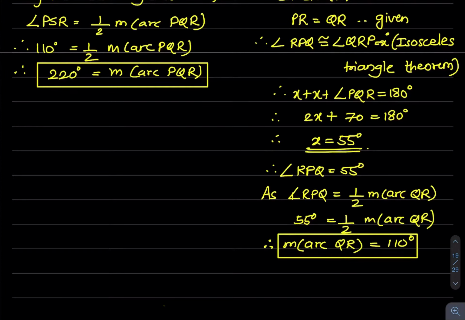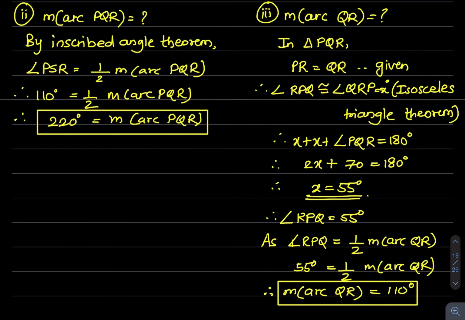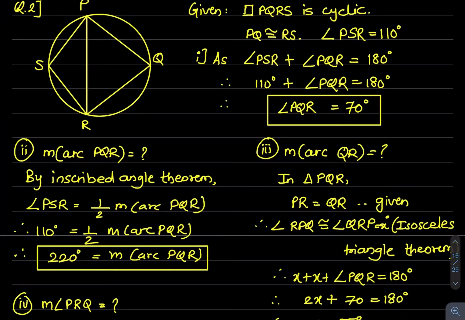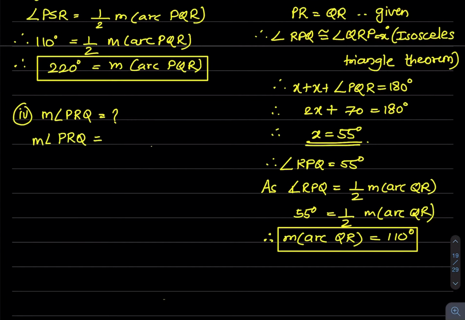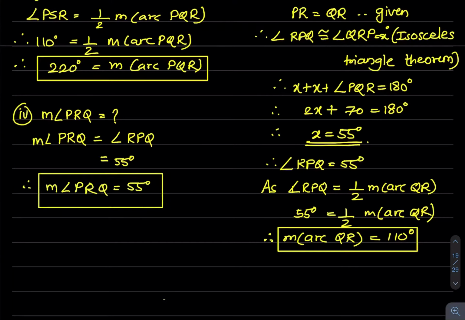So by solving, we get measure of arc QR equal to 110 degrees. Now fourth, measure of angle PRQ. So measure of angle PRQ is the same as this angle which we found earlier. So angle PRQ equals angle RPQ, which is 55 degrees.